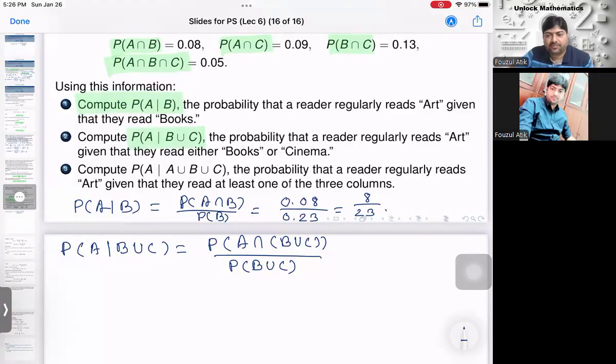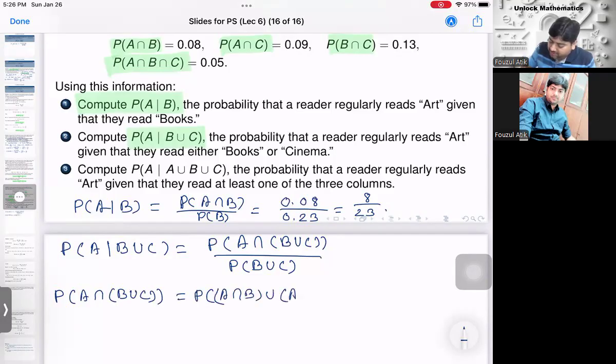Now how to do? So let us find the probability of the above event. P of A intersection B union C is equal to P of A intersection B union A intersection C. We know the inclusion exclusion principle.